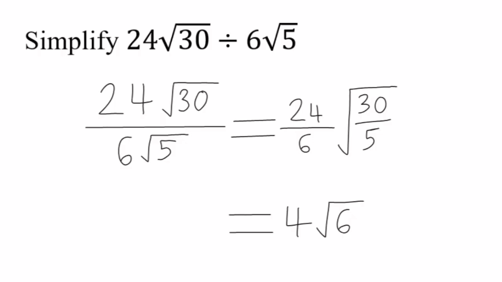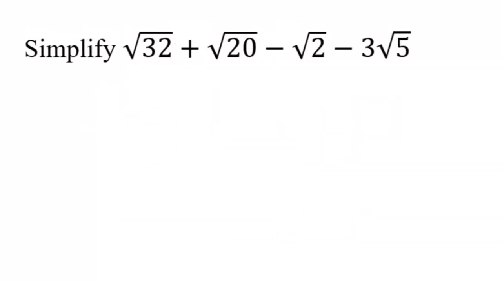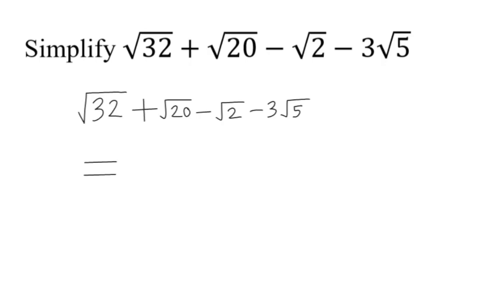Finally, let's say we want to simplify the square root of 32 plus the square root of 20 minus the square root of 2 minus 3 times the square root of 5. Well, we can simplify the square root of 32 to get 4 root 2, and we can simplify the square root of 20 to get 2 root 5.